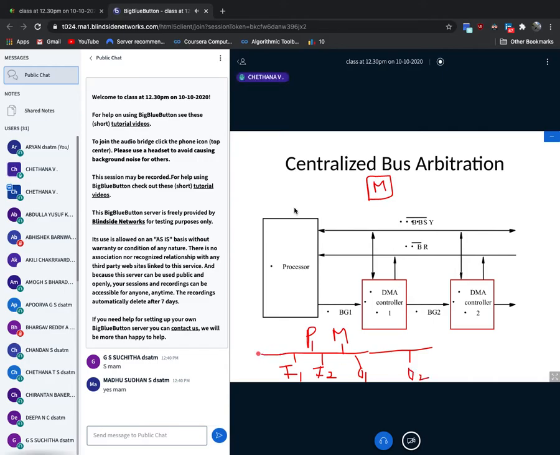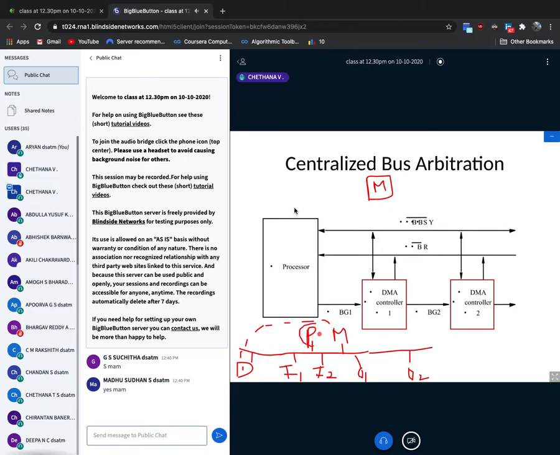Suppose here we have one DMA controller, and this device wants to transmit data from here to here. I just want to copy the data. For that purpose, I want this bus to be required for data transmission.